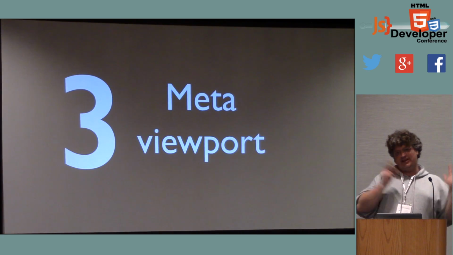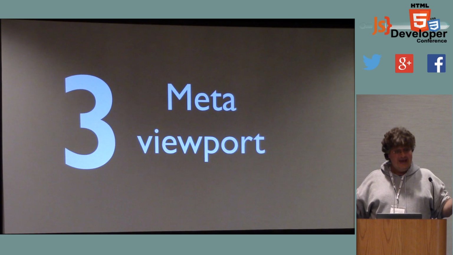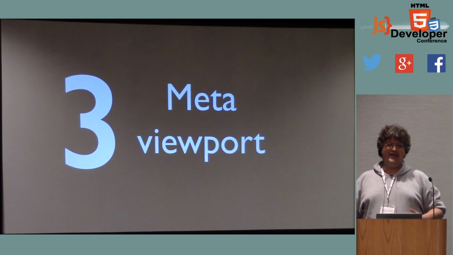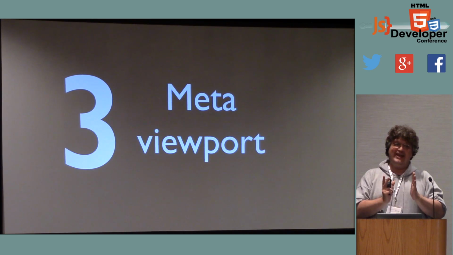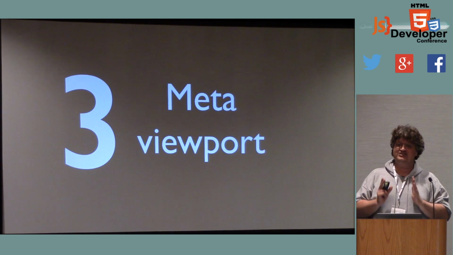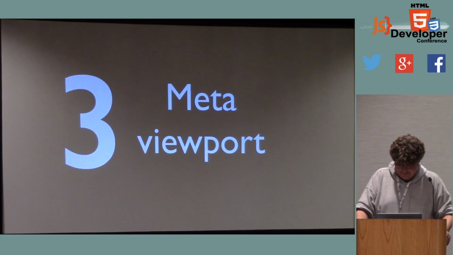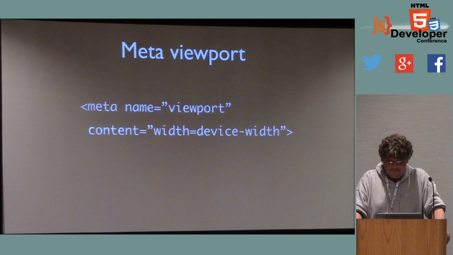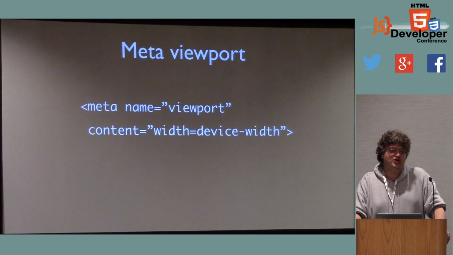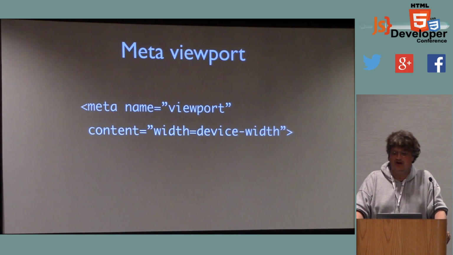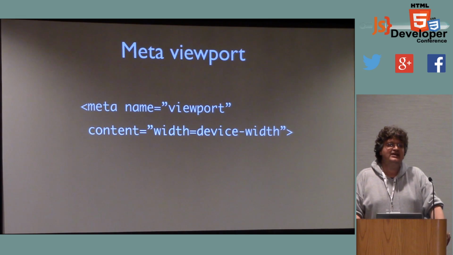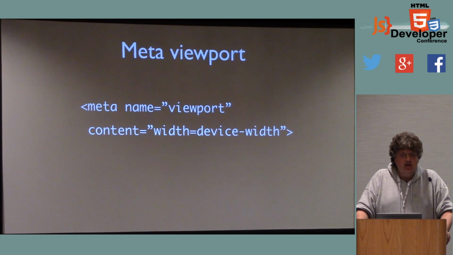Okay, so we have an ideal viewport, and what we want to do is set the layout viewport to the ideal viewport, so that our CSS layout is constrained to what the device vendor thinks is the ideal size for its device. And that's the job of the meta viewport. And I'm kind of assuming that this does not come as a huge surprise to you. So again, what you do when you use the meta viewport is setting the size of the layout viewport to the ideal viewport.